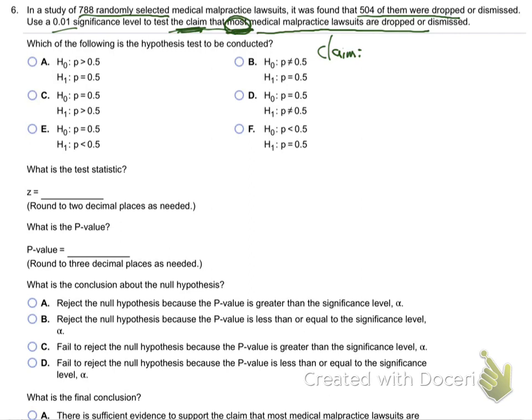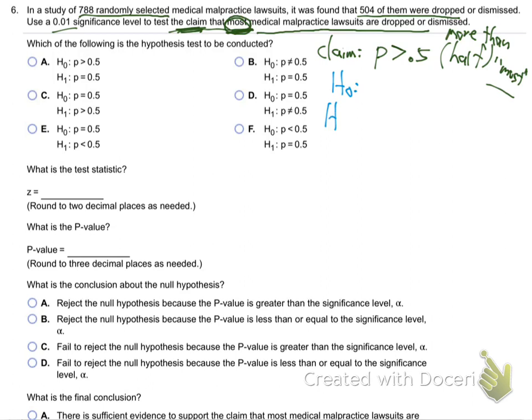If I said most statistics students in our class are going to get an A or a B. Most means more than half, right? So the claim is the proportion is more than 0.5. That's half. More than half. That's the claim.